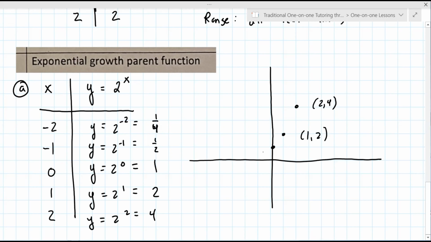Okay, and then -1, 1/2, and then -2, 1/4. So it gets to be a little bit hard to see, but it actually starts approaching this value of 0, and then it comes up like this. And that's what your instructor is hoping to see for part B here. Okay.